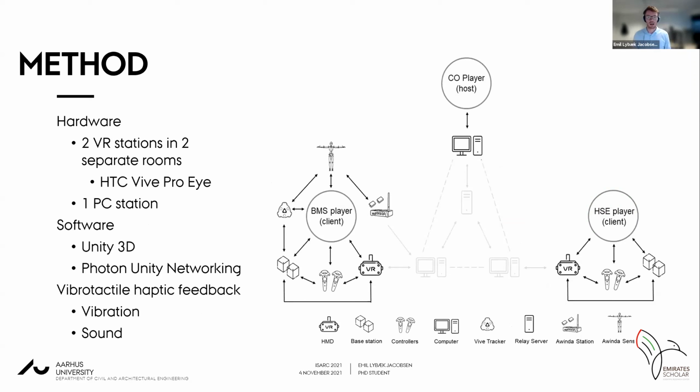For our scenario, we have 2 VR stations in separate rooms, and they both use the HTC Vive Pro Eye, and then we have a PC station, and these 3 are completely separated. To make this possible, we use what's called Photon Unity Networking.